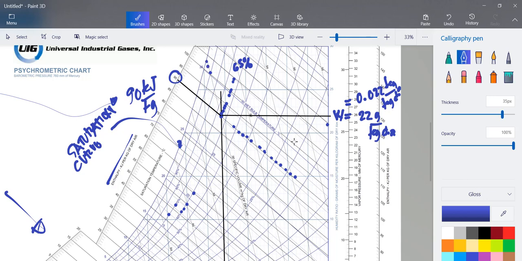So we have the line traversing here. If you want to determine the specific volume, you just look in this line. What we have here is 88, 90, 92, 94, 96. So what we have here is 90 cubic meter per kilogram. That is the specific volume of air at this point.